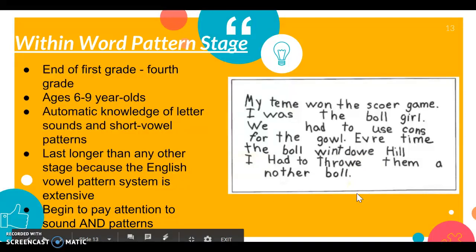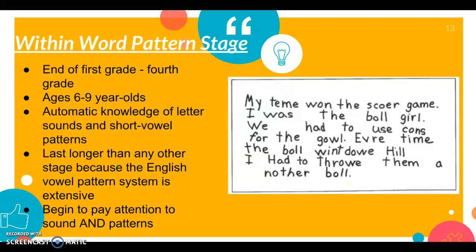Although the focus of the within word pattern stage is on the pattern layer of English orthography, students must also consider the meaning layer to spell and use homophones. Remember, we said there were 3 layers: the alphabetic layer, the pattern layer, and the meaning layer. So first alphabetic, then pattern, then meaning layer.